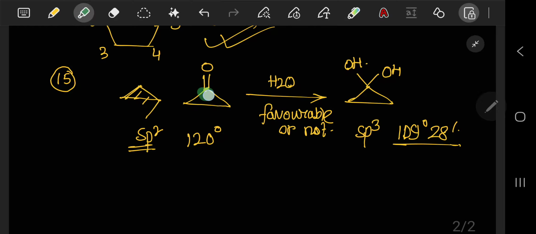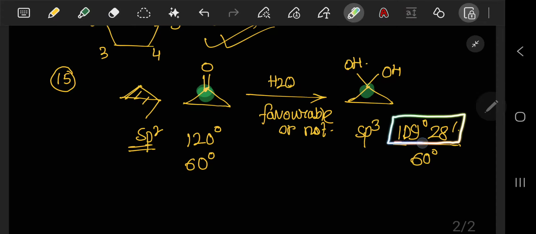But what is the actual bond angle in the cyclopropane ring? As all of you know, that is 60 degree. Here is also 60 degree. So basically here for a particular sp2 hybridization, this carbon wants to get the 120 degree but is getting 60 degree. But this carbon wants 109 degree but it is getting the 60 degree.